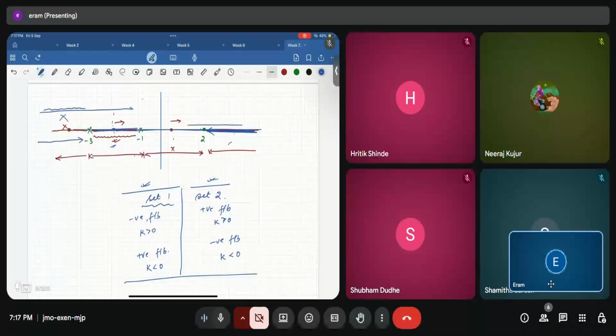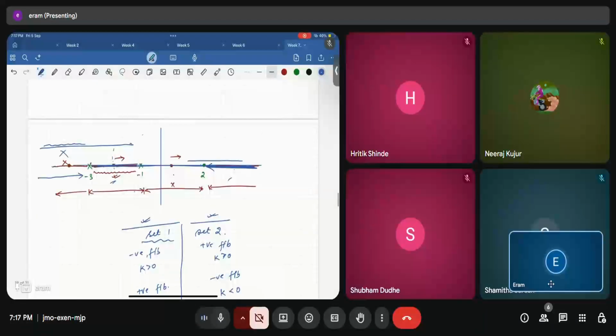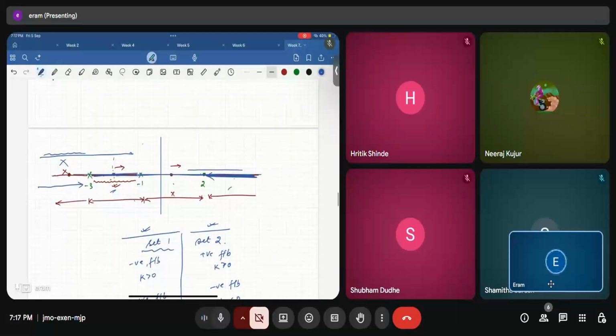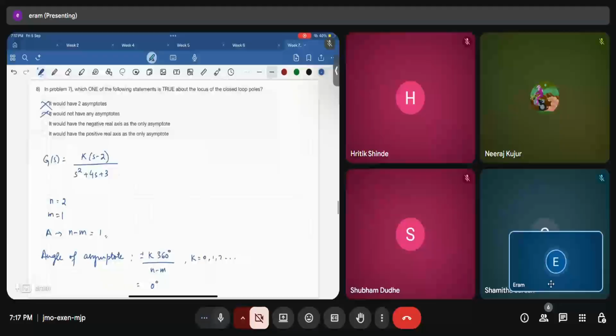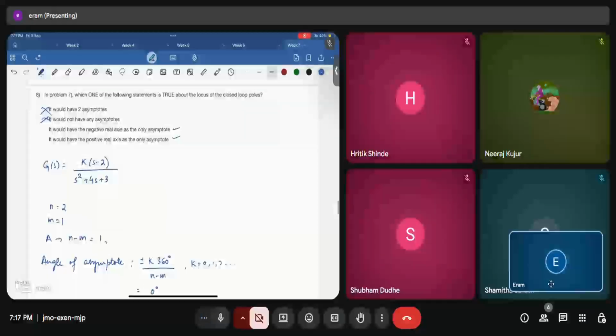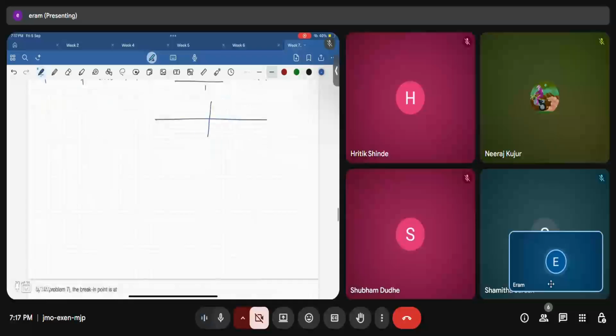I think it will be a real axis because we have a 0 here and the point of intersection is at minus 2. So anyhow we have this axis here. Okay, we'll see this problem in the next session. Either of these 2 points is correct, but which one we will discuss in the next class.